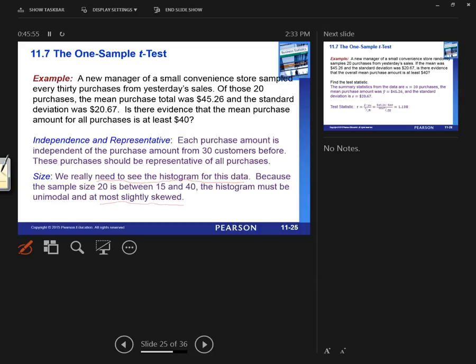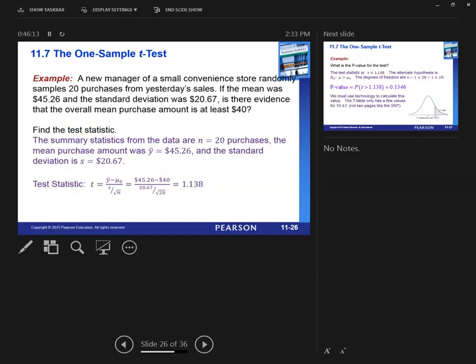If somebody spent $2,000 out of those 20 guys, and most people spend around $40, then this would be a problem. So assuming that it's only slightly skewed, we're going to do the test.